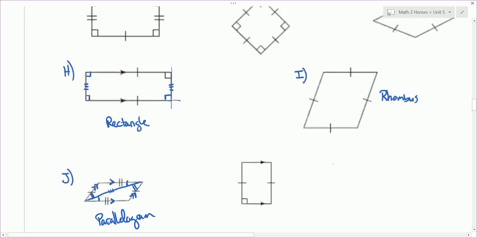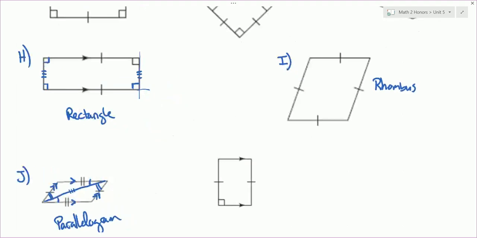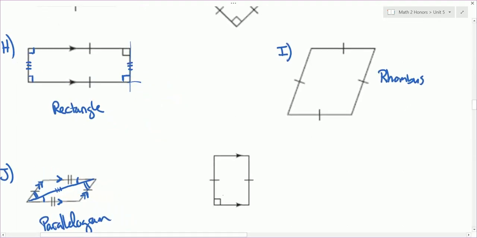Next one we have top and bottom parallel. So this is also a right angle because same side interior are supplementary. If I draw a diagonal, cut it into two triangles, we have alternate interior angles congruent here. Share a side.